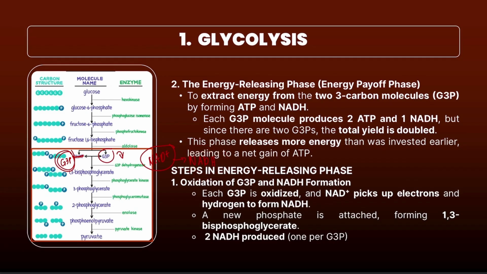And at the same time, the inorganic phosphate is also added to G3P, and because of that, it will now form the 1,3-bisphosphoglycerate. Okay? So, since we have two G3P molecules, we produce 2 NADH. Here in this step, again, since we have 2 G3P, we produce 2 NADH.